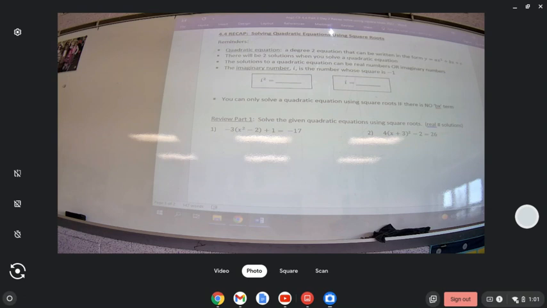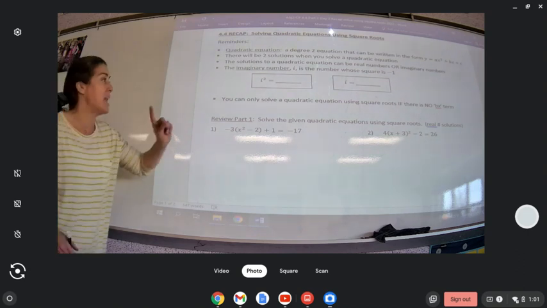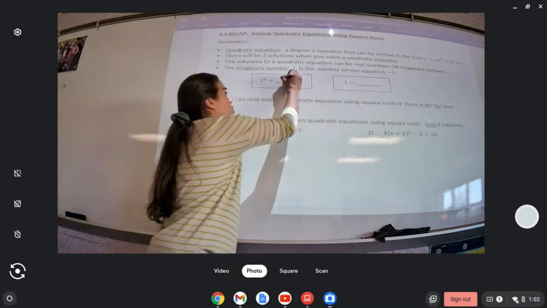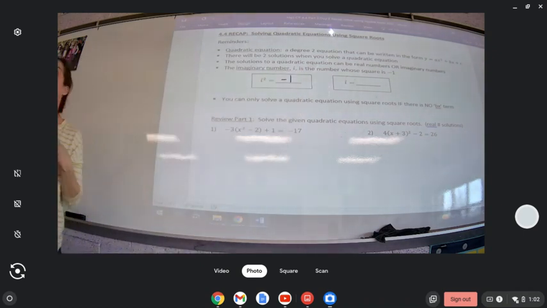Now we know no real number, when you square it, should end up negative. But we needed a way to take the square root of a negative number and still be able to move through the problem. So a long, long time ago, mathematicians created the imaginary number I. And I is the number whose square is equal to -1. So you have to remember that piece of information.